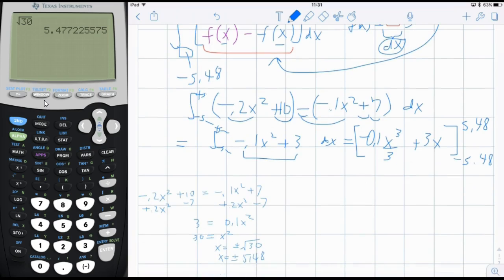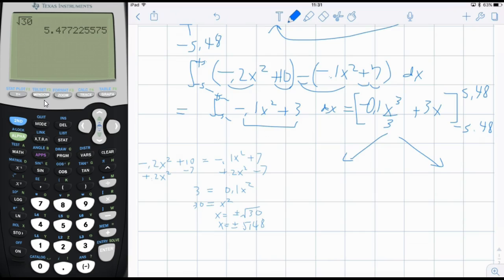The way I evaluate it is I'm going to plug in 5.48 and get negative 0.1 times 5.48 cubed, and then in the bottom I'm going to have 3, plus 3 times 5.48, right?